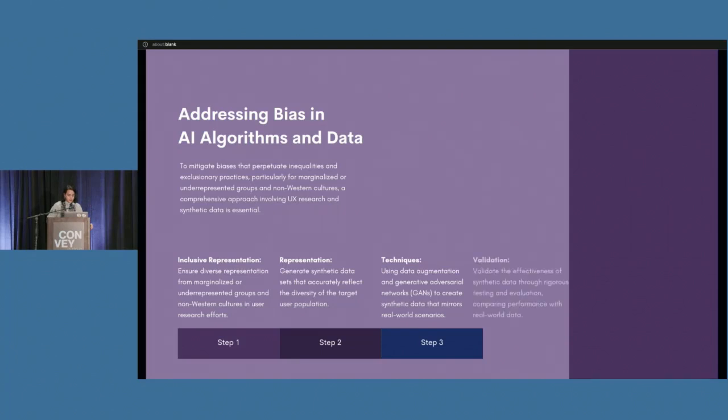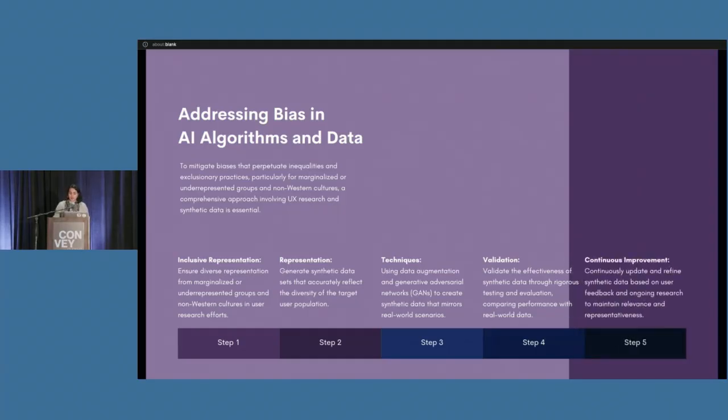After you do that, you can validate the effectiveness of this data along with data scientists. You can test whether the data sets you've created perform the same way as real-world examples. We are responsible for that, again. And then we should continuously update and refine this synthetic data.